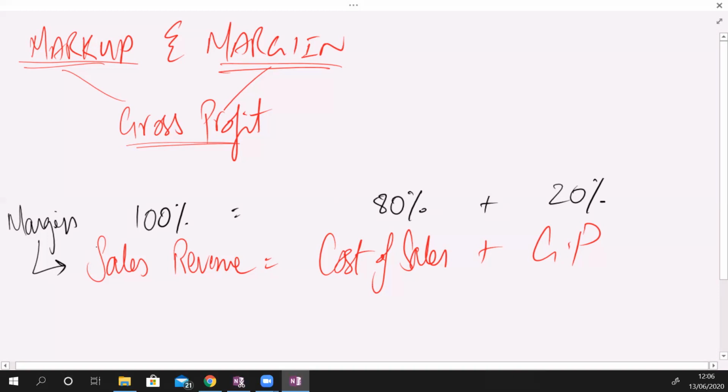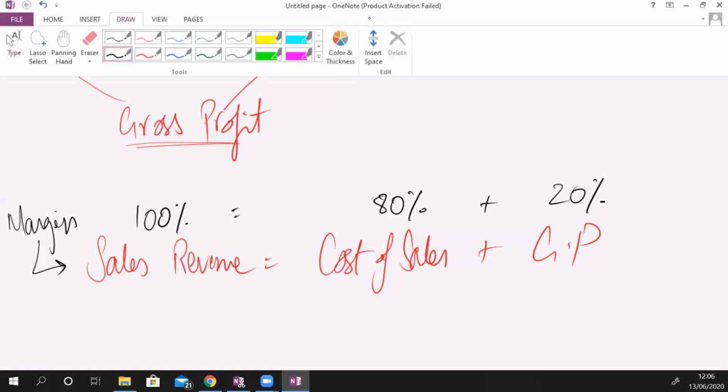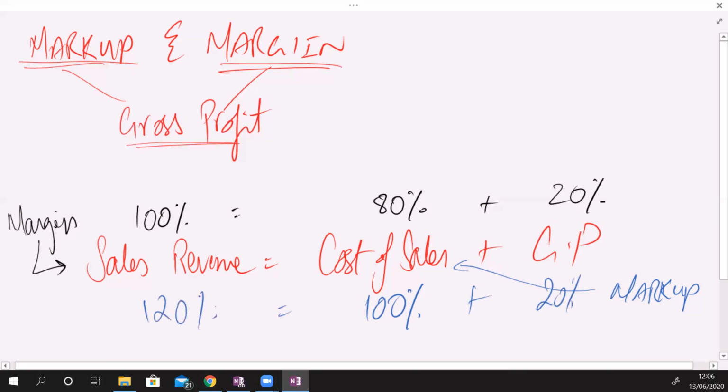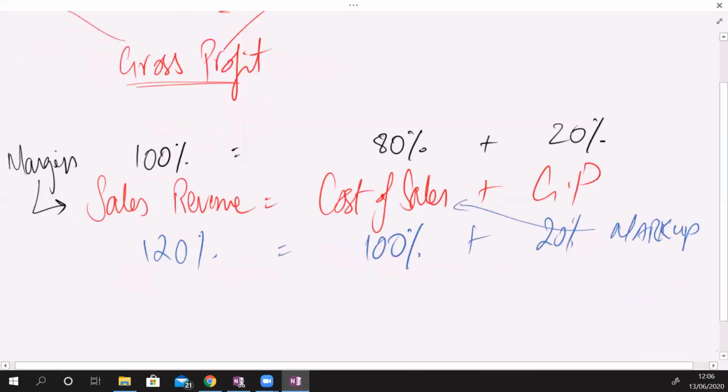So margin is said to be on sales, and the other concept of markup is upon cost, in which cost of sales is 100%, assumingly GP is still 20%, the sales revenue would be 120%.